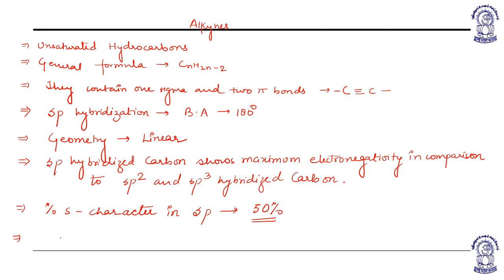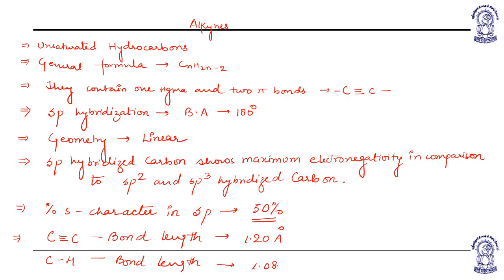The carbon-carbon triple bond length is 1.20 angstrom, and the carbon-hydrogen bond length is 1.08 angstrom.